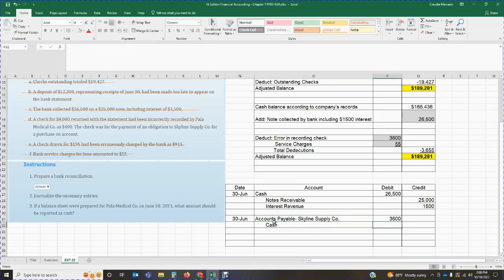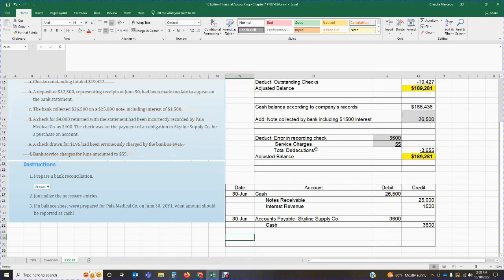We credit cash. Cash will be credited $3,600. That takes care of that entry. Accounts payable gets debited because this was for a payment of an obligation to Skyline. We recorded it for $400 instead of $4,000, so now we need to make an entry for the difference of $3,600.